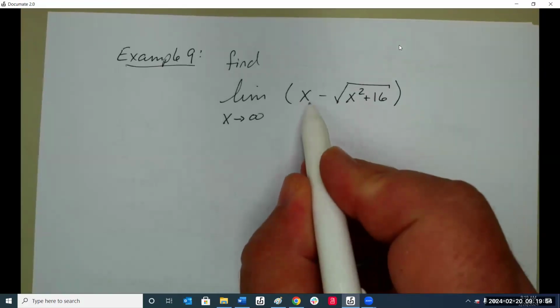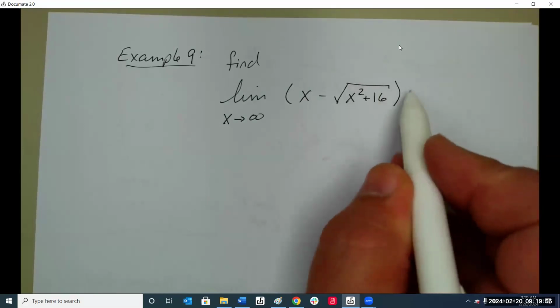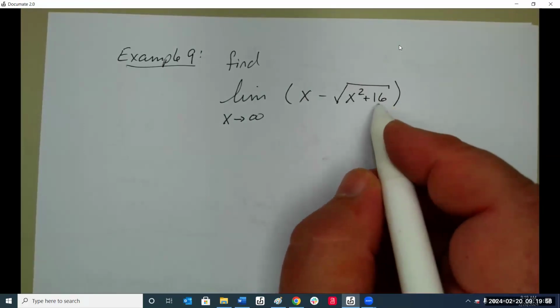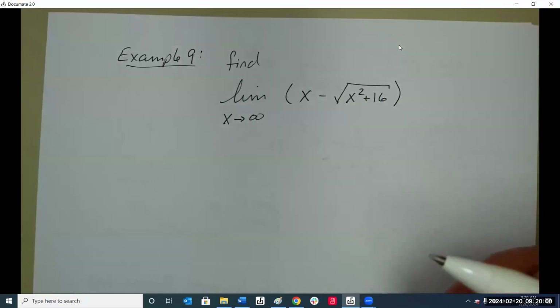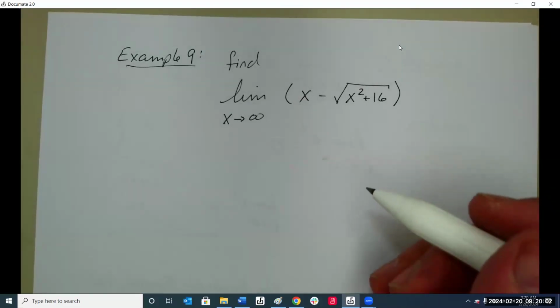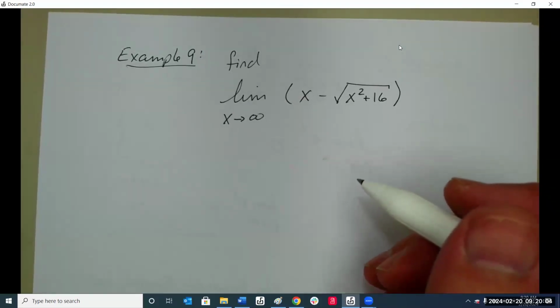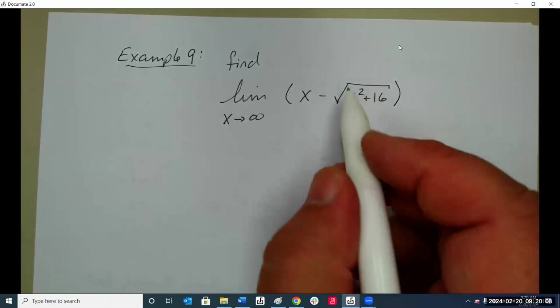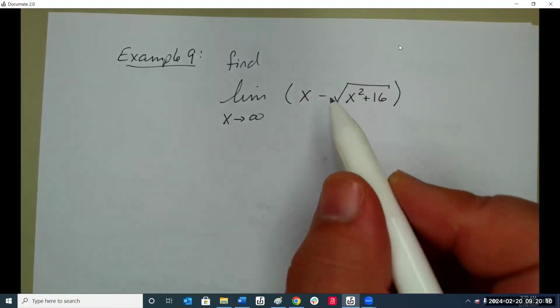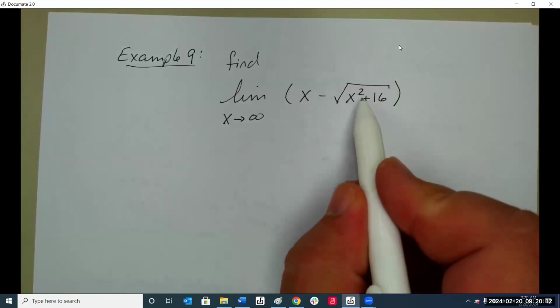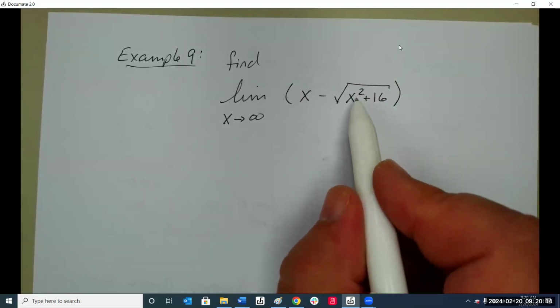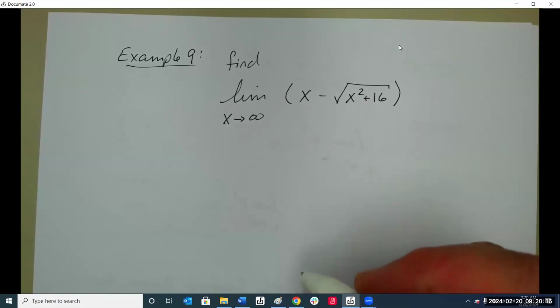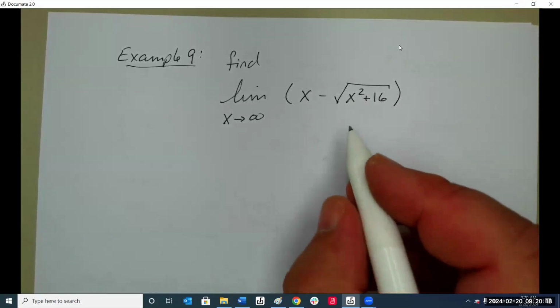As x goes to infinity, x squared goes to infinity, and the square root of x squared plus 16 goes to infinity, so infinity minus infinity doesn't exist. So what do we do? A good rule of thumb: whenever you have radicals, think of conjugates.